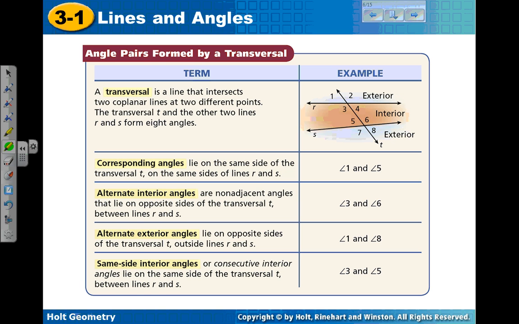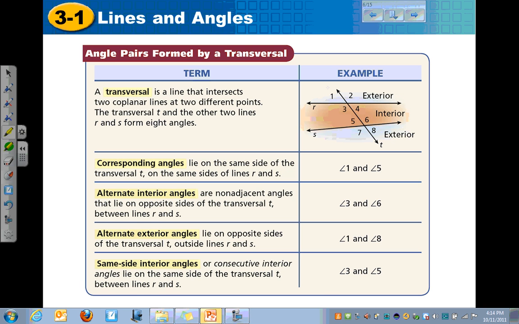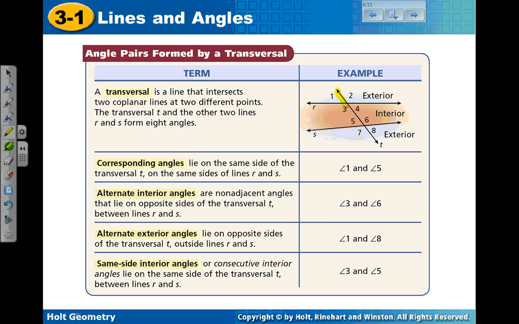So in our figure to the right here, we have transversal T, and this is intersecting two other lines, R and S, at two different points. Now, when this transversal crosses those two lines, it forms 8 angles, and those angles have special relationships with each other.